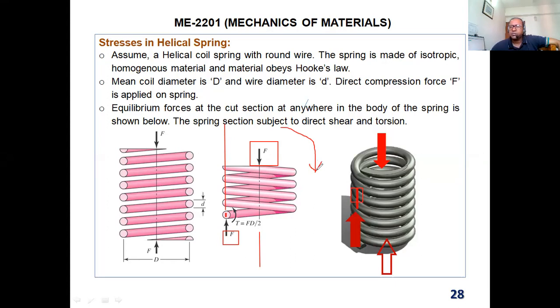In solid mechanics, or strength of materials, we talk about the stability of a static body. This spring is a static body, and normally you never see a spring deflecting sidewise. So this clockwise moment will create a torque.